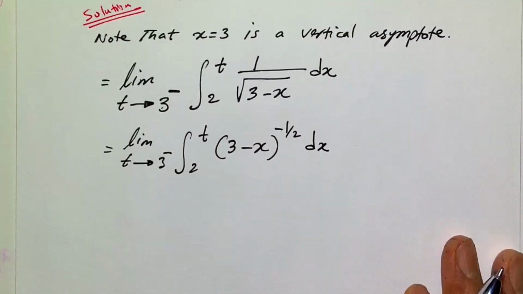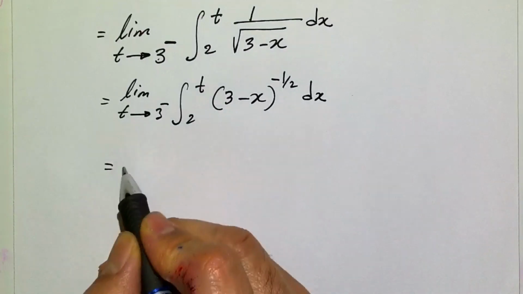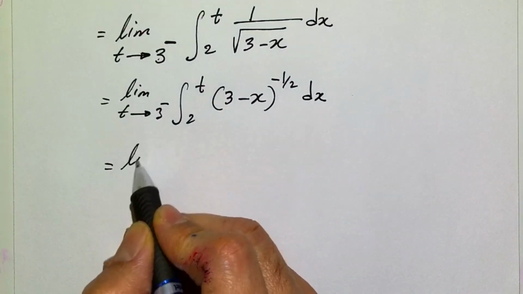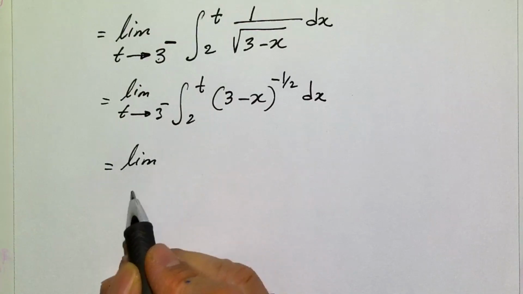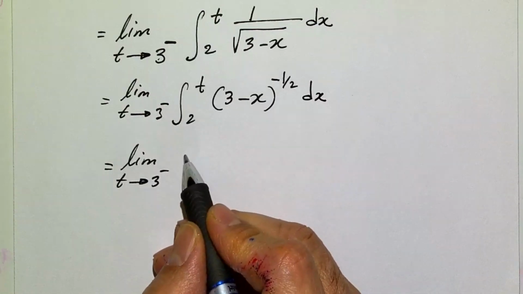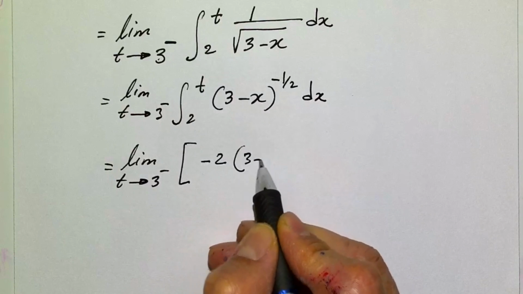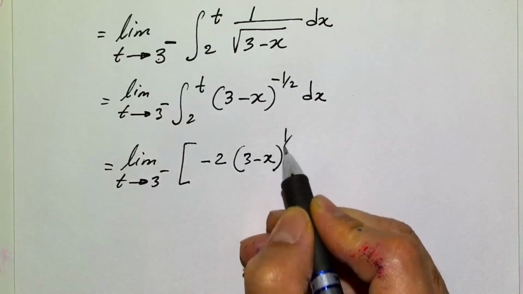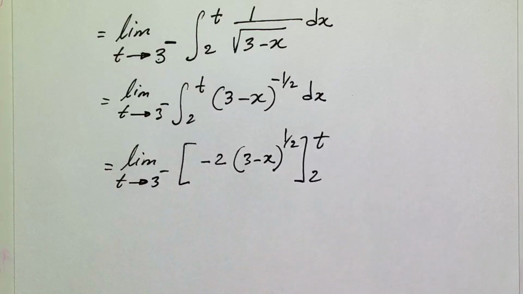And then I'll just write down what I had on that paper. Okay. So we have limit as t approaches 3 from the left. And then we had -2 times 3 minus 6 to the 1/2 power, and then of course going from 2 to t.